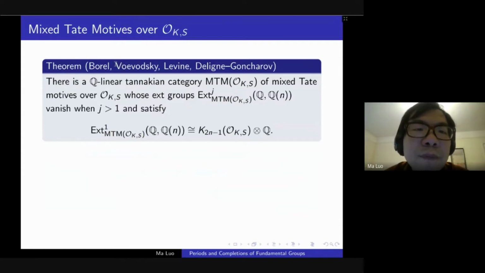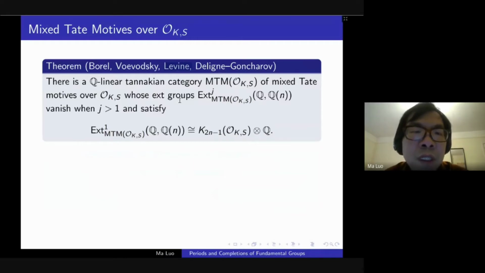I believe Voevodsky constructed a triangulated version of this category, and then based on a suggestion of Marc Levine, Levine and Kontsevich were able to construct, or maybe extract, a t-structure out of this, and therefore construct this category of mixed Tate motives. And they come with the correct Ext groups, which are supposed to match up with these algebraic K-groups. And I put Borel's name because he computed these K-groups.